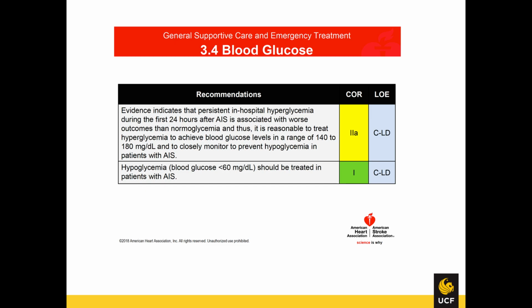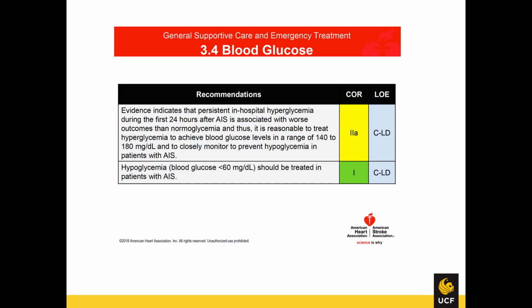Evidence indicates that in terms of hyperglycemia, in the first 24 hours, if they're hyperglycemic, they're going to have a worse outcome. So what is going to be our ideal range for glucose in the stroke patient? It's 140 to 180.